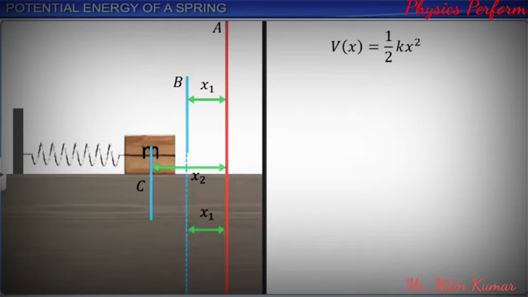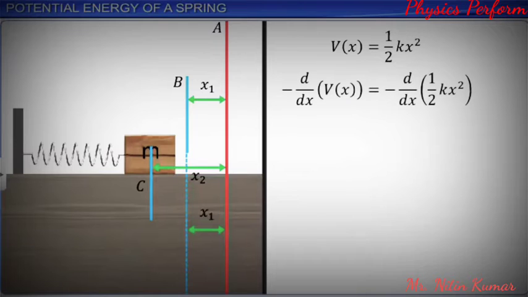Taking the derivative of the equation of potential energy of the spring, we get minus d by dx V of x is equal to minus d by dx half kx square. On further simplification, we get F of x is equal to minus half k into dx square by dx.